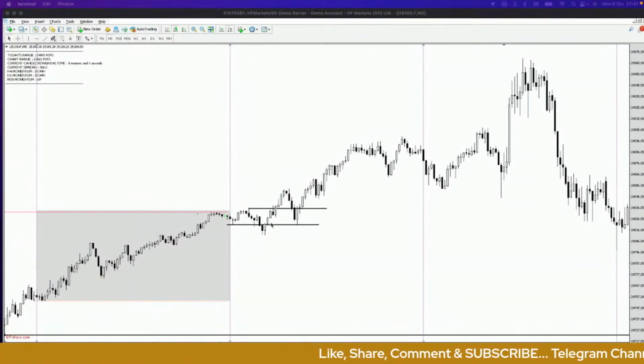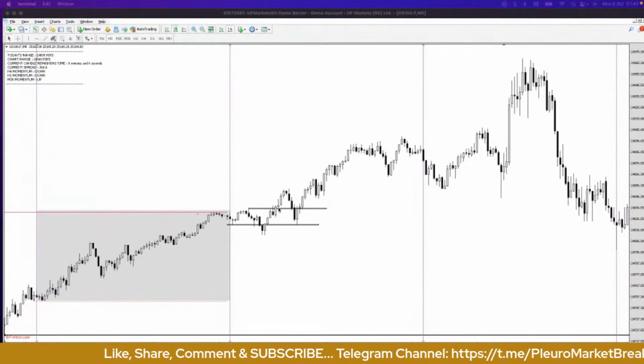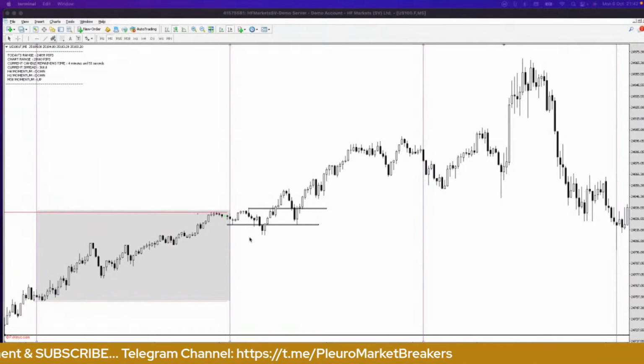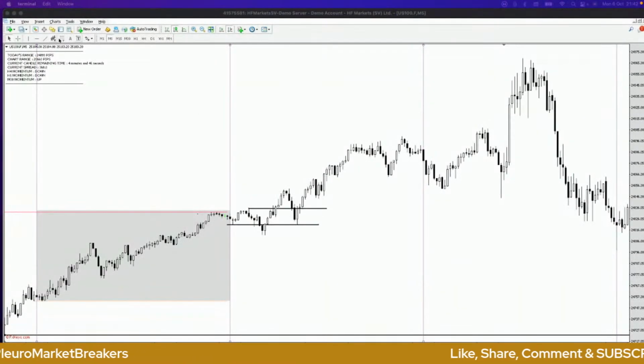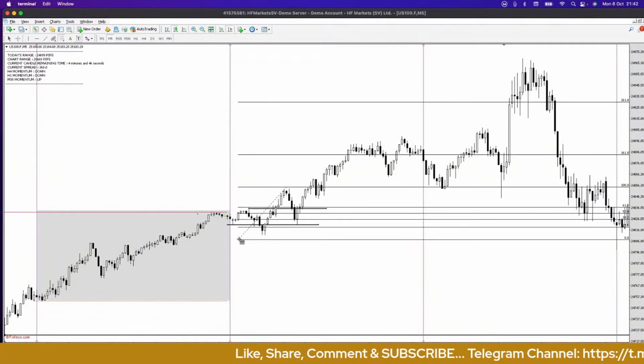Now, I don't really see the kind of displacement I would want to see, and by displacement I mean a fair value gap. So I don't see that there. So I probably wouldn't have taken this trade. But if I had, I would have been fine.